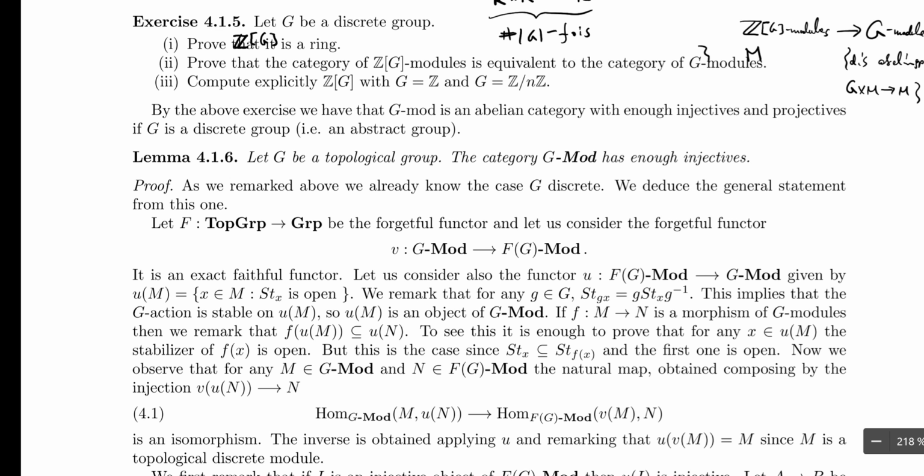We're sending it to the abelian group plus the discrete topology, and this is the G-module. How can you make sure this is continuous? The first question.